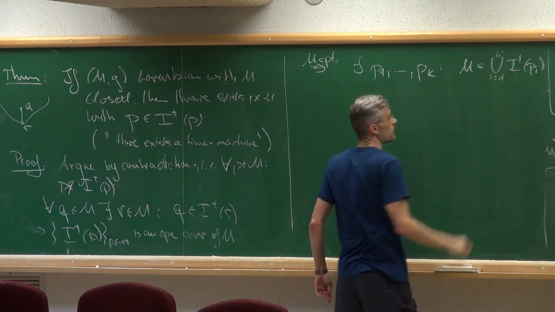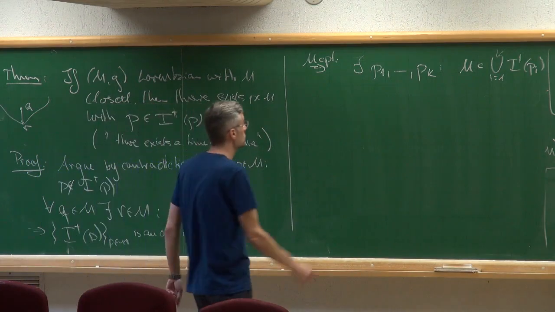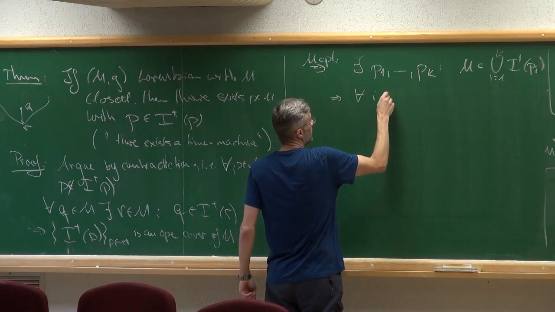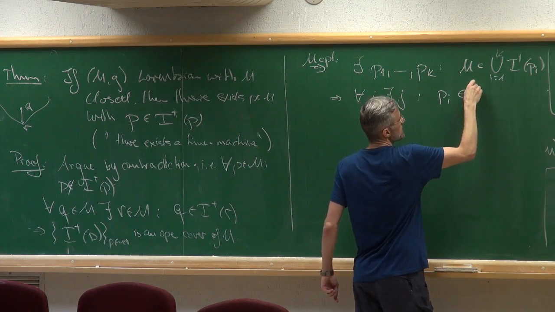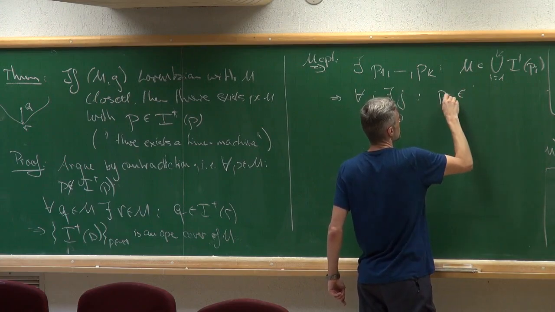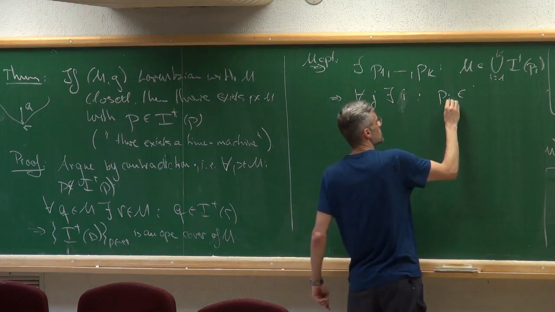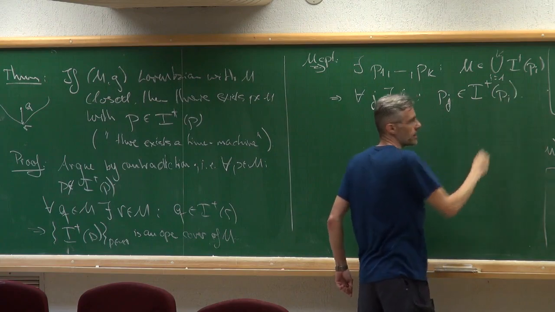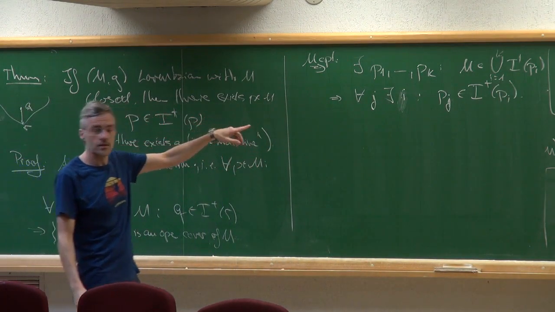But then for all J there exists an I such that Pj is in the future of Pi. But then you only have finitely many possibilities.